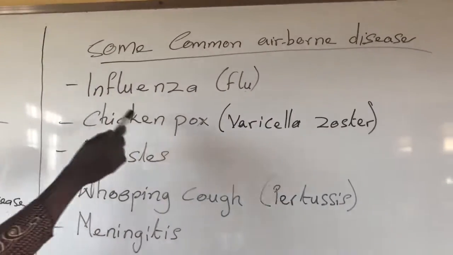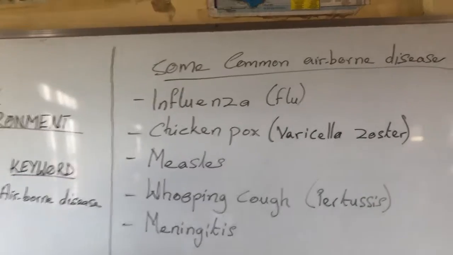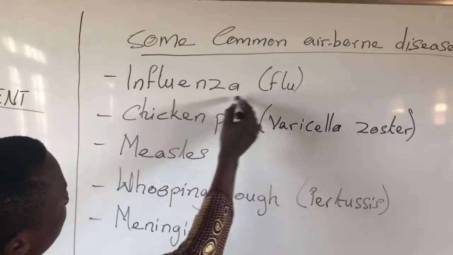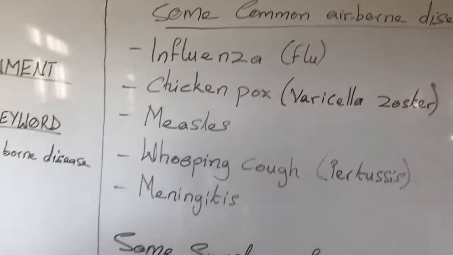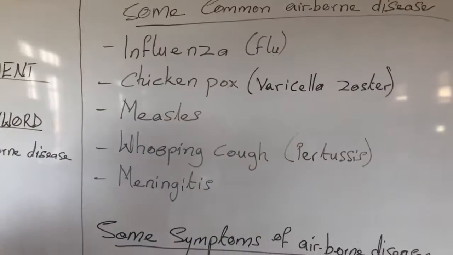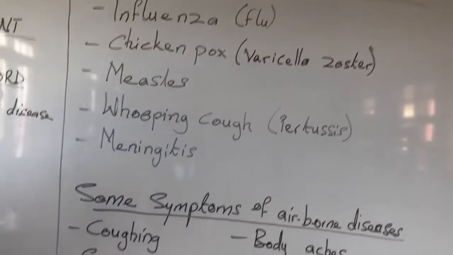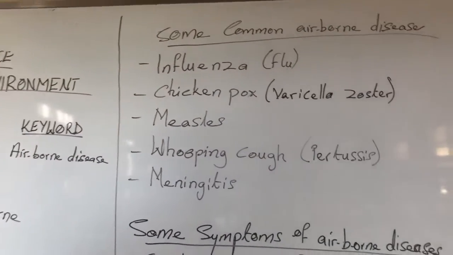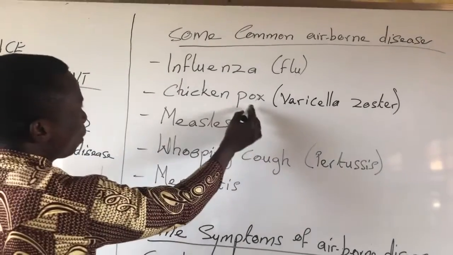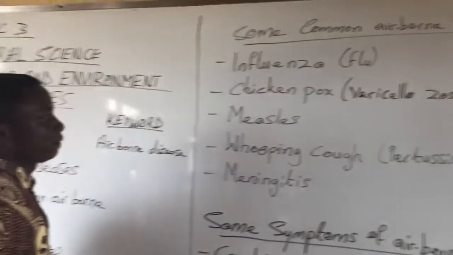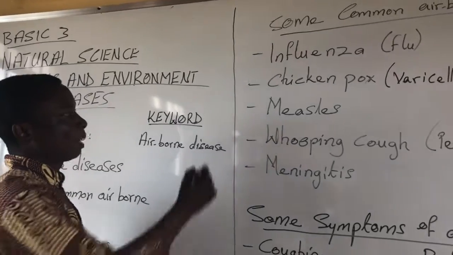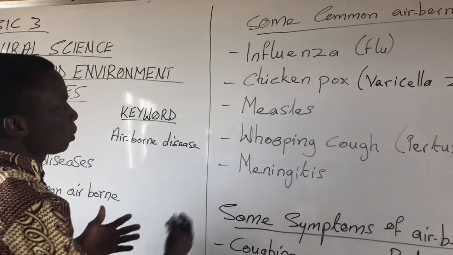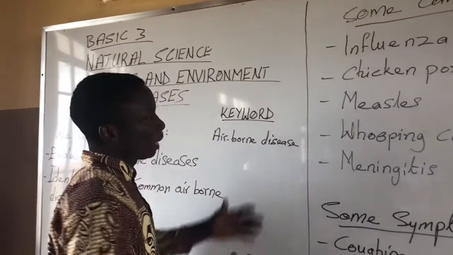We have flu, or what? Influenza. We have flu or influenza. Some of the words, the one that will make the pronunciation simpler for you is the one you got right if you are asked to write any of this. This is chicken pox. In our previous lessons, we learned about some of these diseases, so we are just doing a revision.